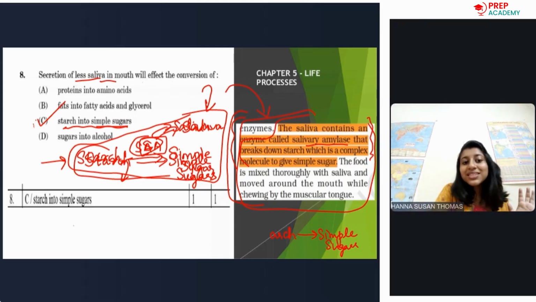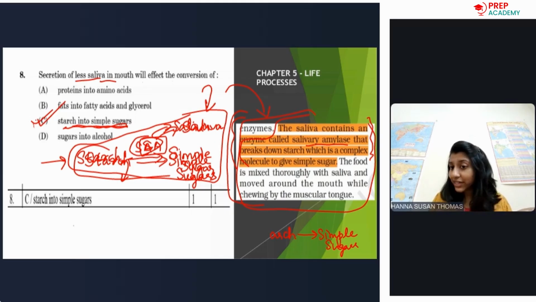So secretion of less saliva in mouth will affect the conversion of starch into simple sugar. So our answer will be option C. Right. So it's given in your textbook, but somehow indirectly. If you understand this concept, then you can easily tackle this particular question.